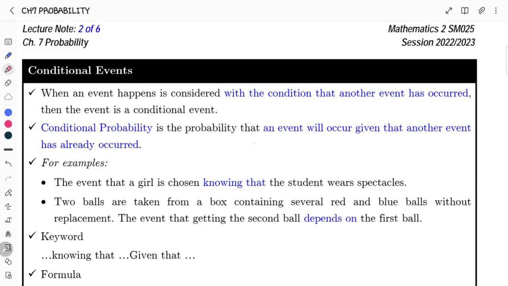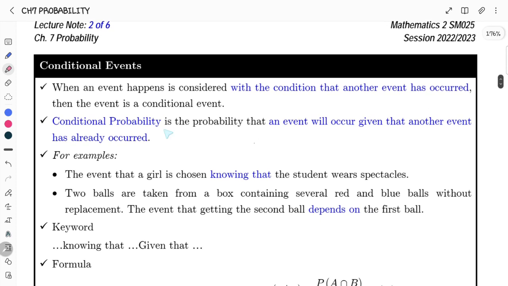Conditional events. When an event happens is considered with the condition that another event has occurred, then the event is a conditional event. Conditional probability is the probability that an event will occur given that another event has already occurred. For example, the event that a girl is chosen knowing that the student wears spectacles.